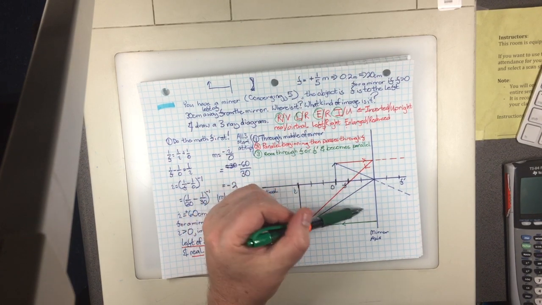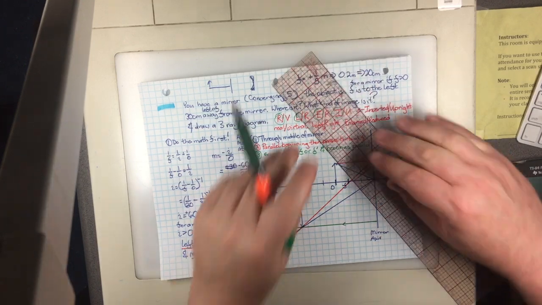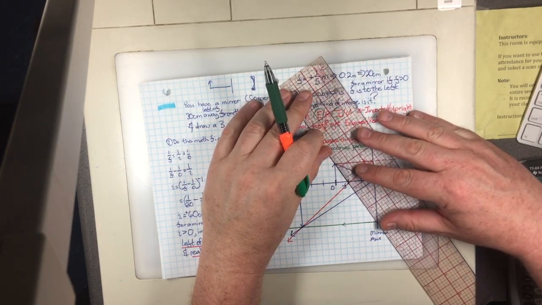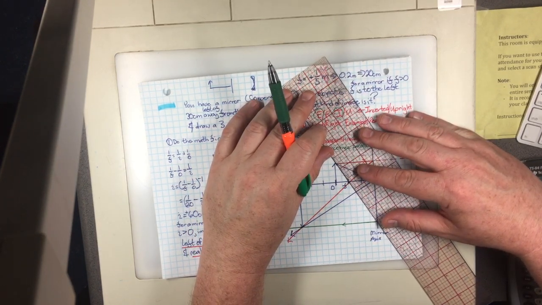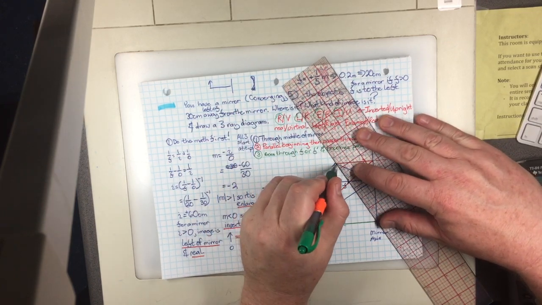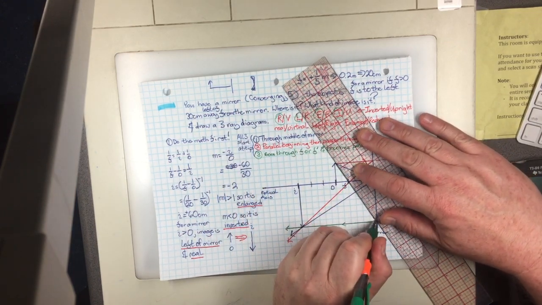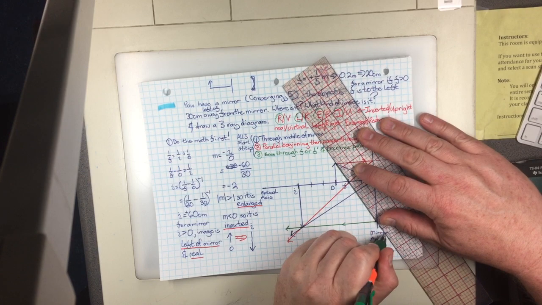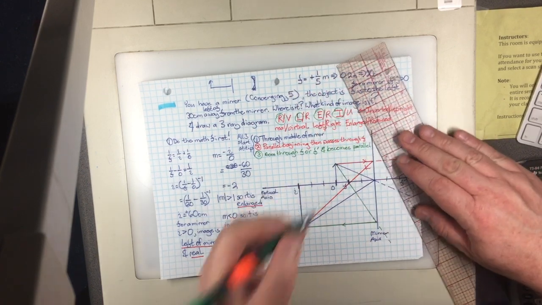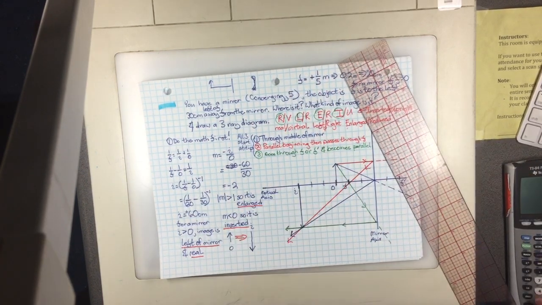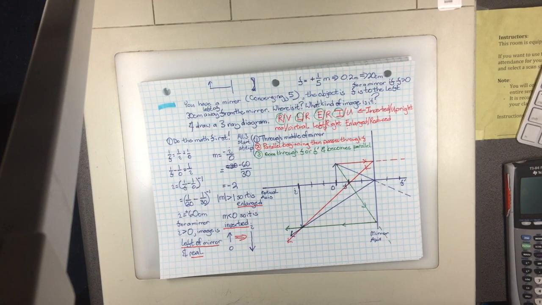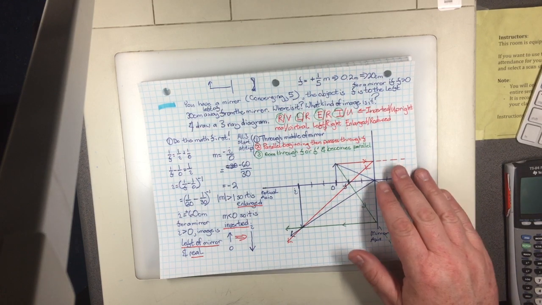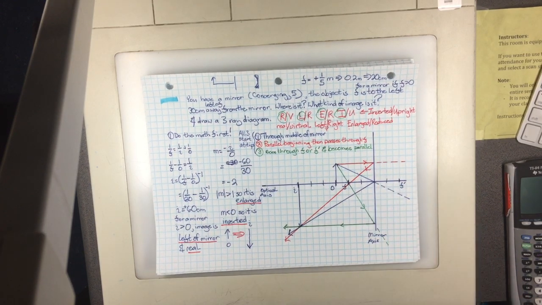Object tip, focal point, mirror contact. And then I draw that. And so that is the drawing for this particular orientation.